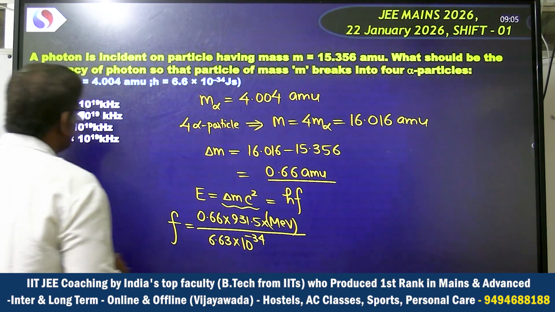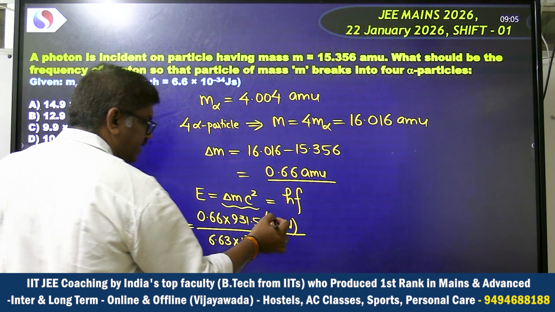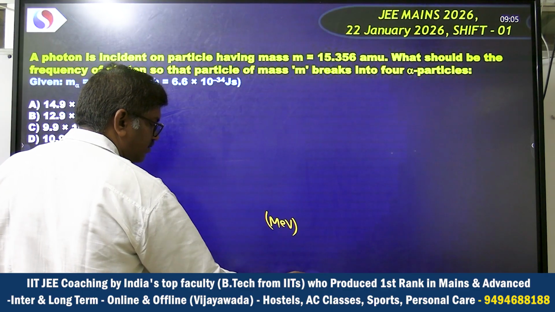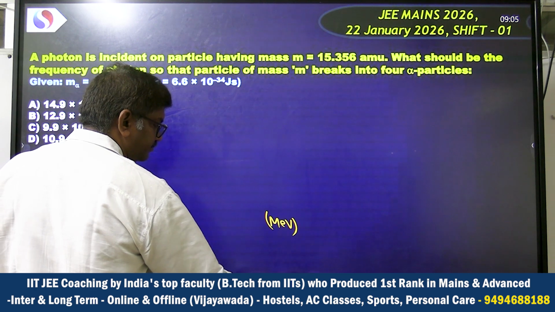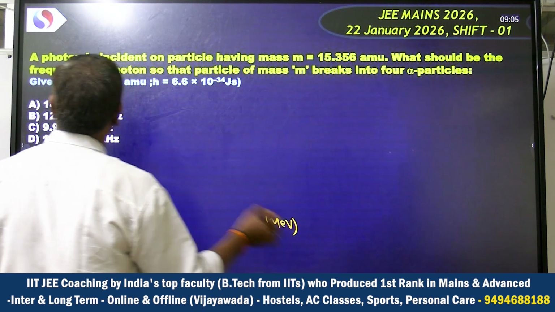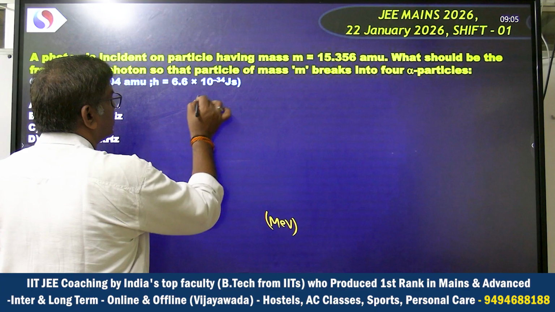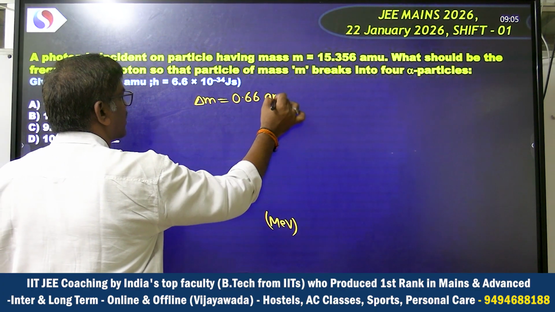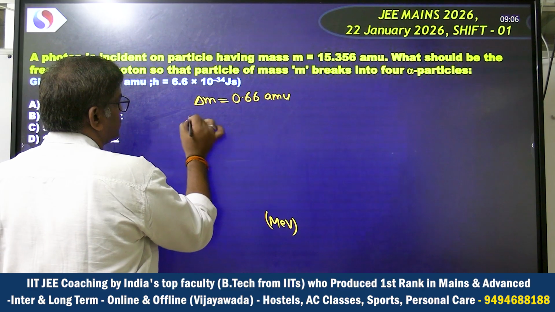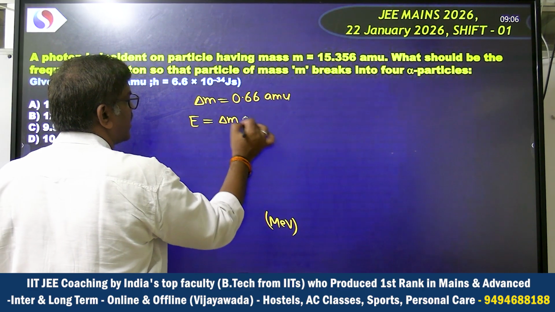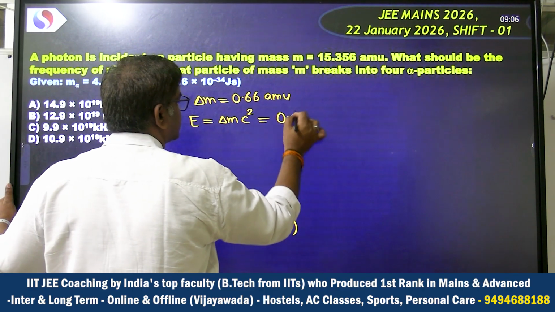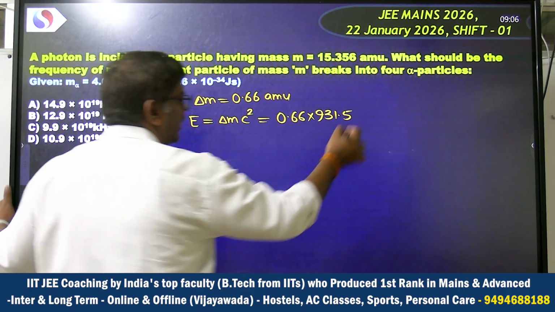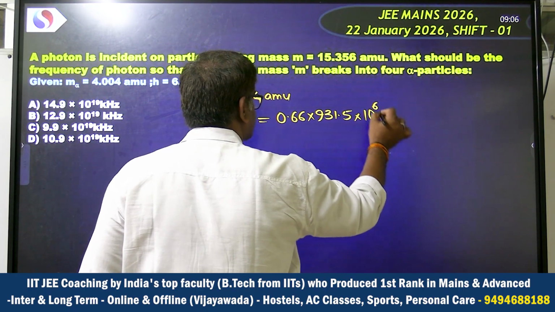One more change you have to make here: this mega electron volt also has to be converted. We got the mass defect as 0.66 AMU. Let me quickly write it down, it was missed out. So delta m into c square gives 0.66 into 931.5 into mega, which is 10 to the power 6, into eV.